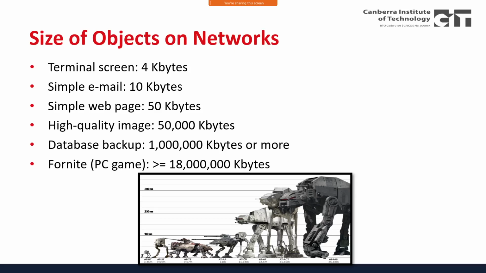That's because the web page content was still being downloaded. And if you remember, the dial-up maximum bandwidth was 56 kilobits per second, so sometimes it would take a few seconds to display the content of a web page. Now, high quality images range, but they're usually around 50 megabytes, so 50,000 kilobytes.